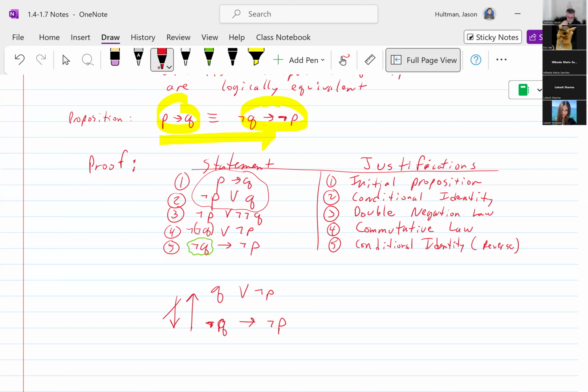Okay, so the problem is this, right? The conditional identity says this, and I can rewrite it as negative P or Q is logically equivalent to P goes to Q, right? That's the conditional identity that we're working with.